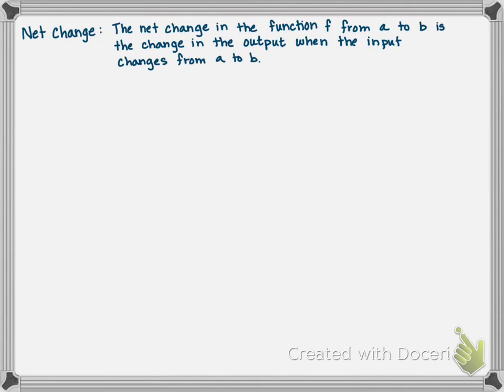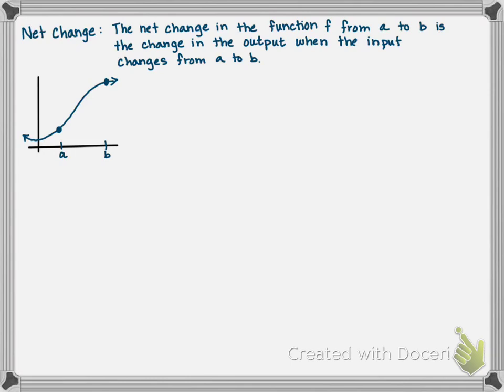So we'll write this symbolically in a minute, but let's start by just looking at what it looks like graphically so we can get an idea of what we're actually finding here. If I have a graph of just some random function, let's say it looks like, I don't know, that. And we'll say I have an x value of A and another x value of B. And there's a point on the graph that corresponds to each of those x values.